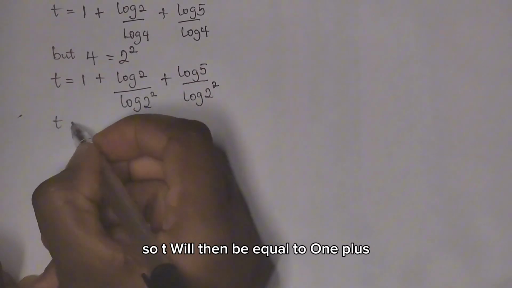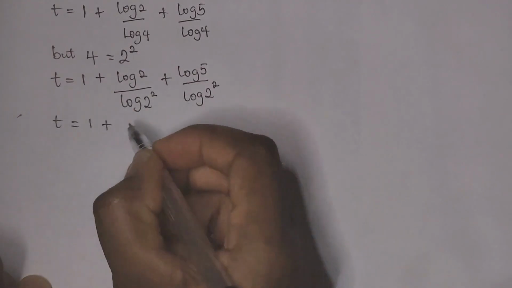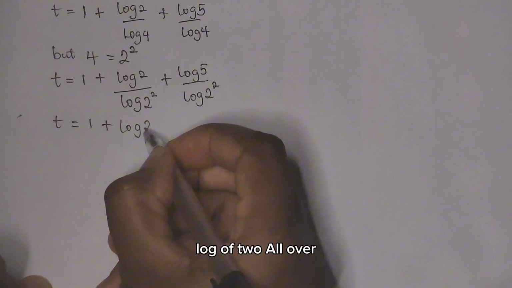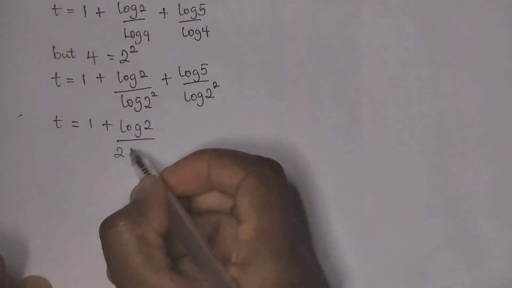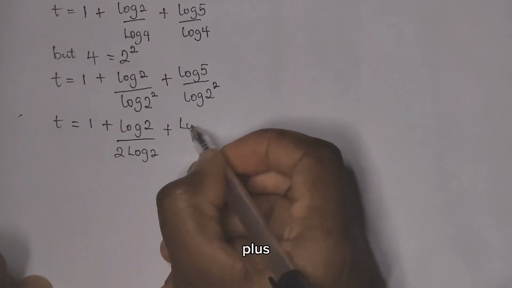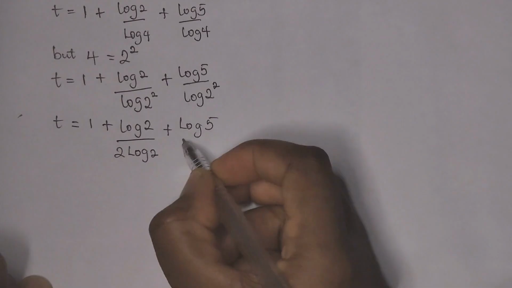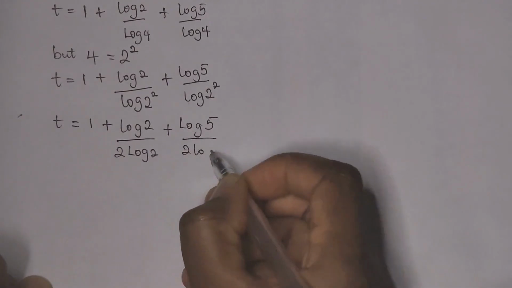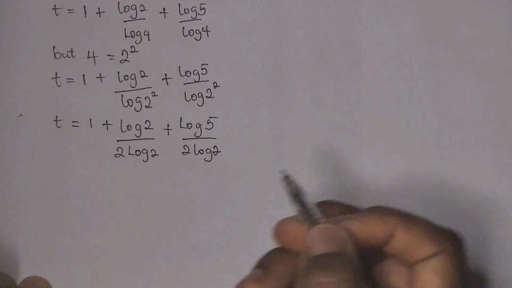So t will then be equal to 1 plus log of 2 all over 2 times log of 2 plus log of 5 all over 2 times log of 2.